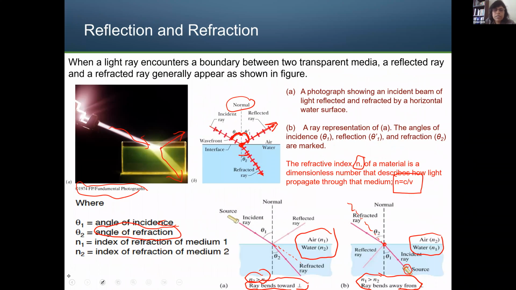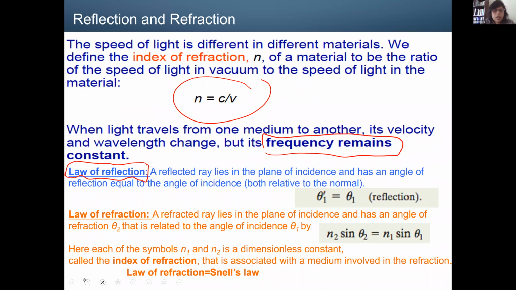Remember in the diagram, this incident angle is equal to the reflection angle. That is called the law of reflection, and it's a very simple thing. That means if you see any reflection of light, the angle created between the incident ray and the normal line will be equal to the angle between the reflected ray and the normal line. So that's called the law of reflection.